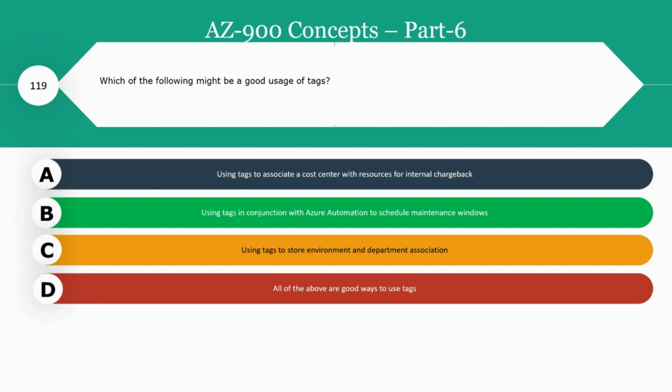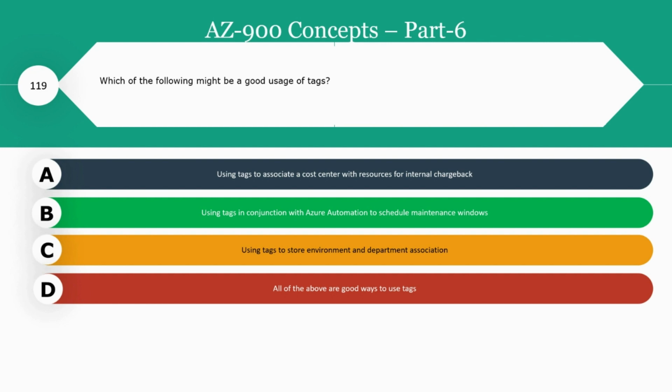Next question, which of the following might be a good usage of the tags? Option A, using tags to associate a cost center with resources for internal chargeback. Option B, using tags in conjunction with Azure automation to schedule maintenance windows. Option C, using tags to store environment and department association.